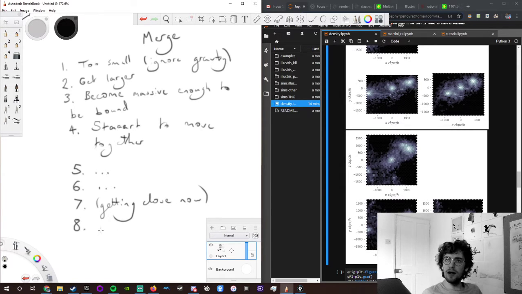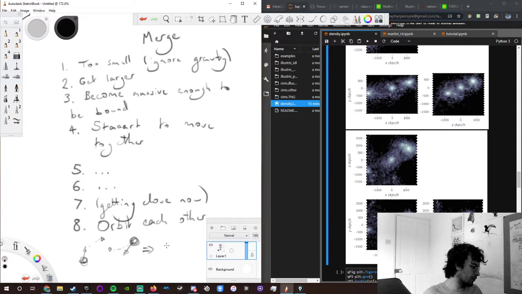And then step 8, you might be thinking like, oh, they fall together, but no, now they get close enough that they orbit each other. Because we're dropping a big thing that was moving this way, and over time it's kind of drawn off track. It's moving over here towards another big thing that was moving this way, and over time it's drawn off track to moving over here, and you end up for a long while with some kind of orbit.